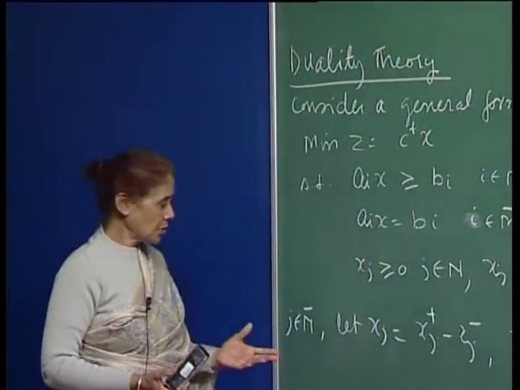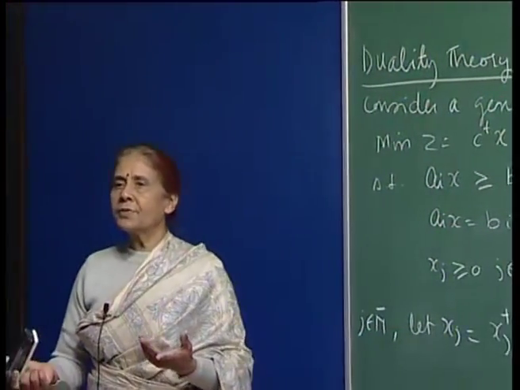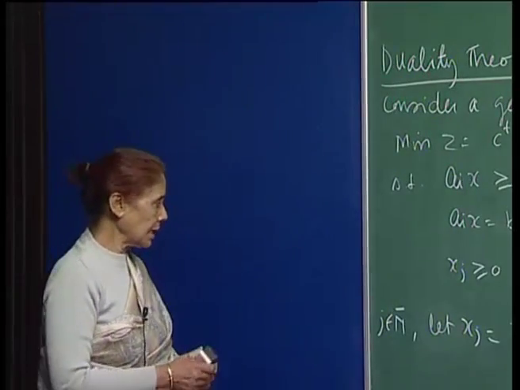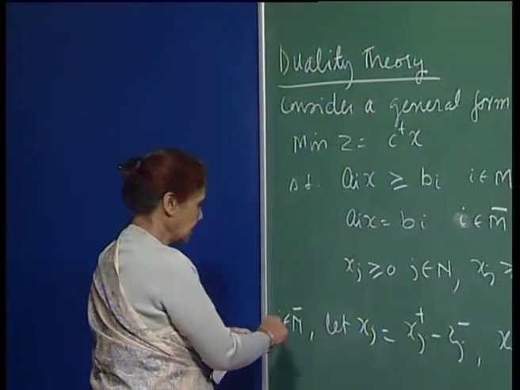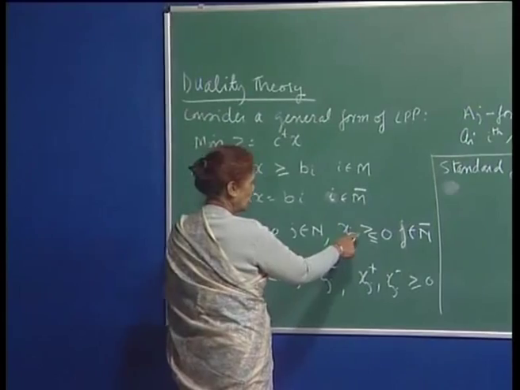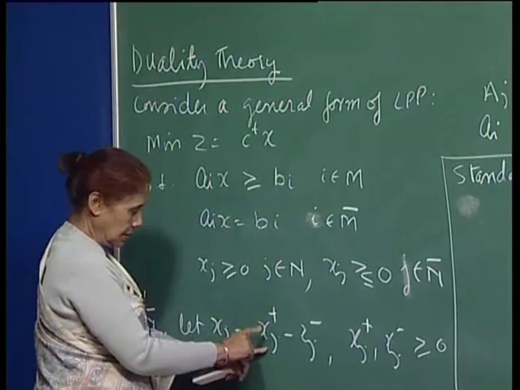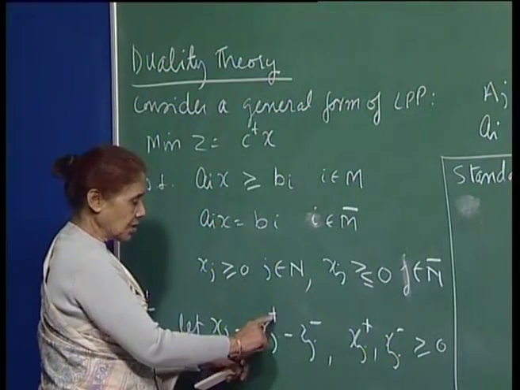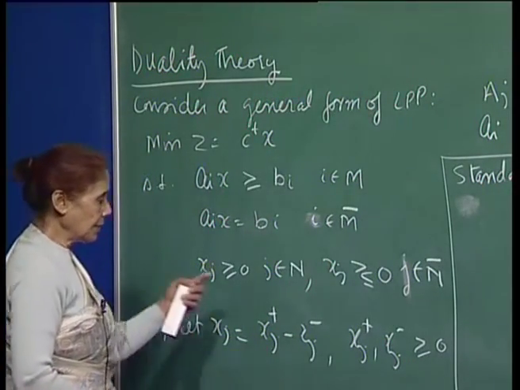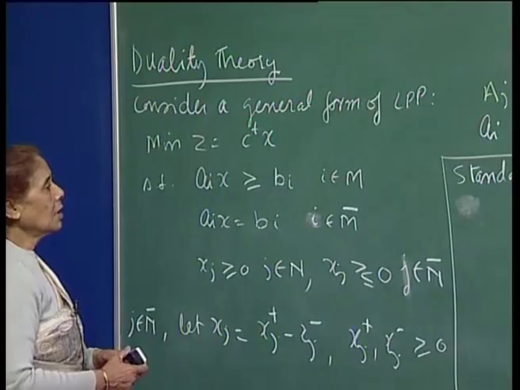This is always possible. Any number can be written as a difference of two non-negative numbers. So, we will replace all x_j's which are unrestricted in sign by this expression, where x_j plus and x_j minus are all non-negative.